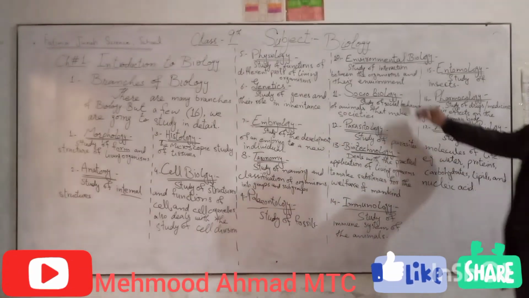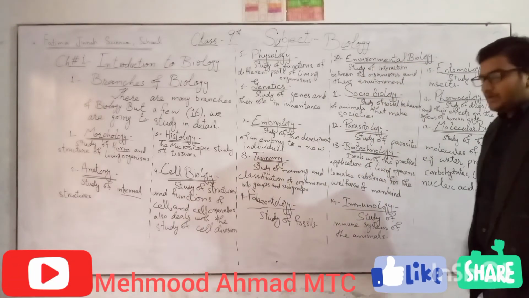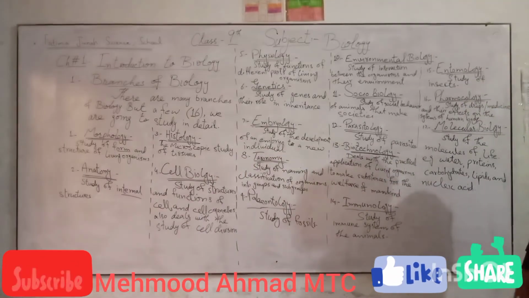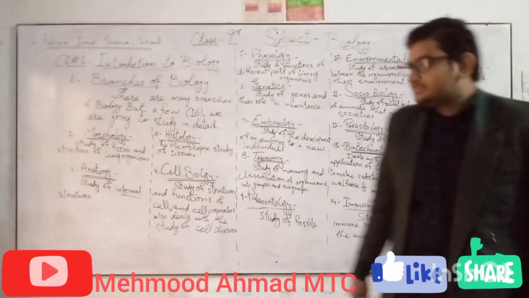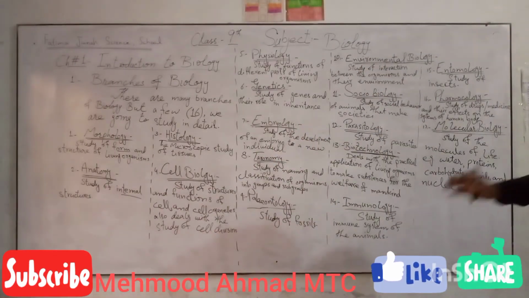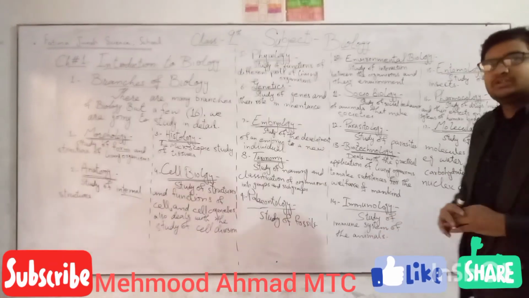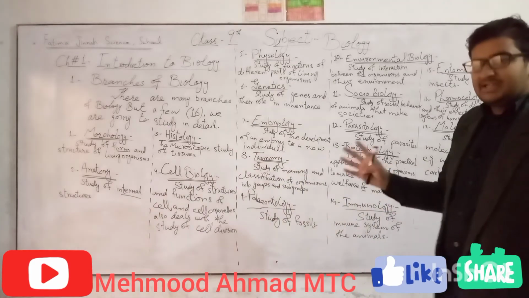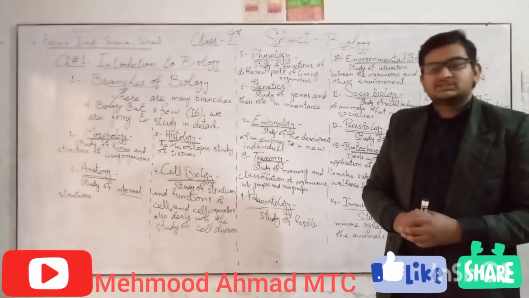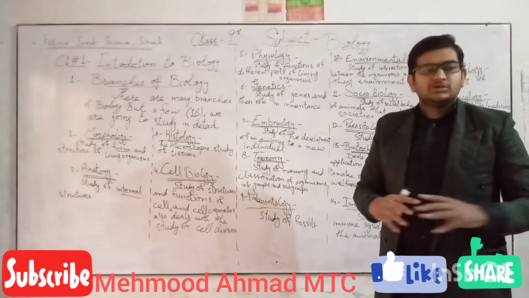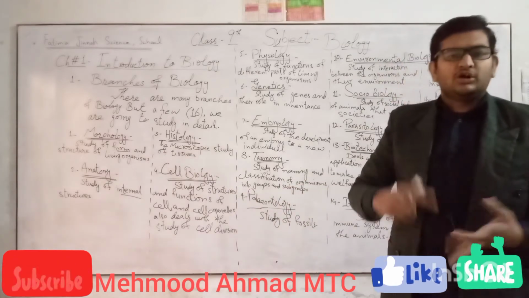The next one, number 10, environmental biology. What is environmental biology? As we have already studied, biology means the study of living organisms. So environmental is derived from environment. What is environment? It is the space around an organism. These spaces could be anything, living or non-living.